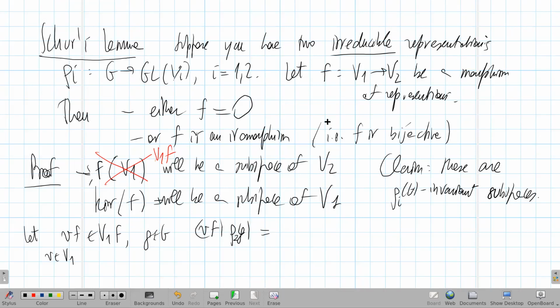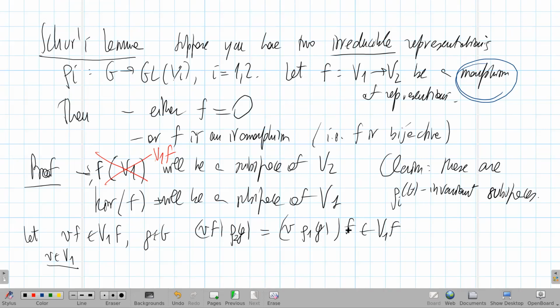But being a morphism means simply that you can exchange F and rho 2, except that when it goes inside, this becomes a rho 1 because this element is in V1. So it's rho 1 of g which is acting, okay? And you see that this is in V1F.